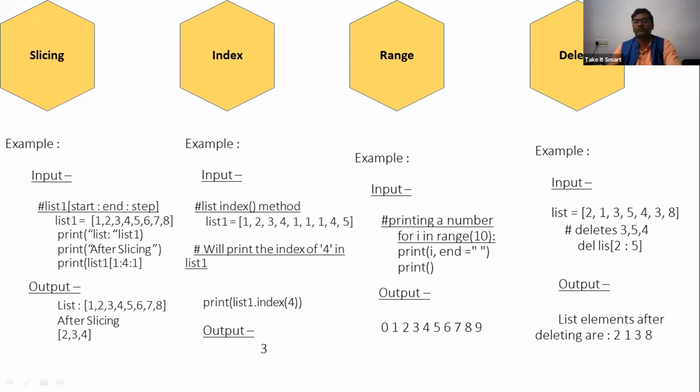So next, list. What is this? Delete. So del list, with 2 and 5. What happened? The list elements after deleting are 2, 1, 3. So 5 got deleted.